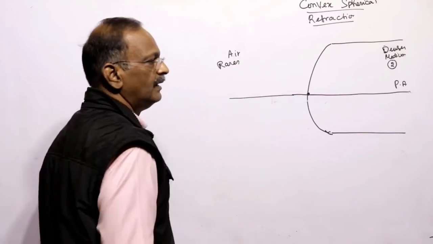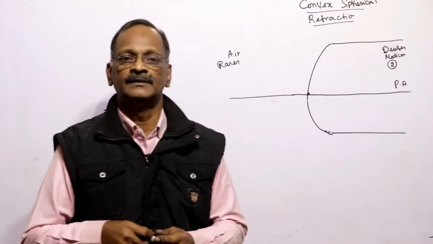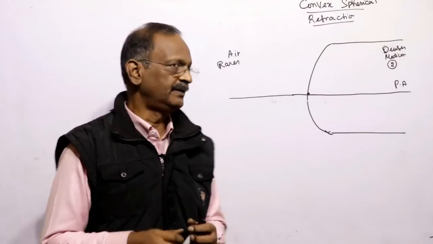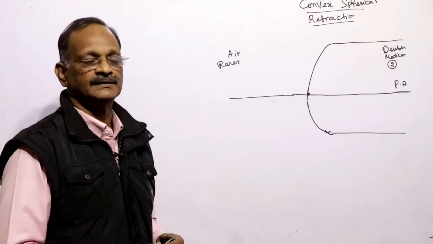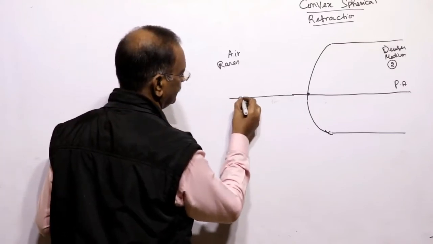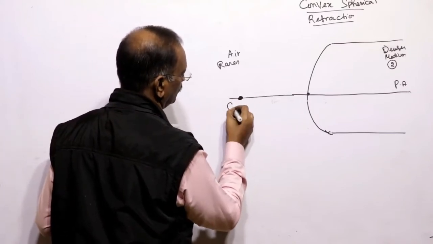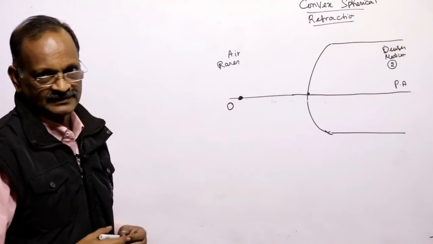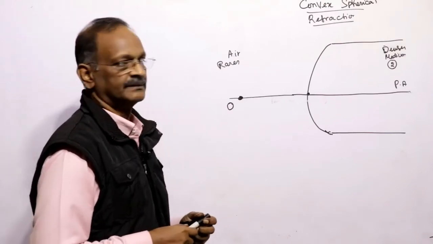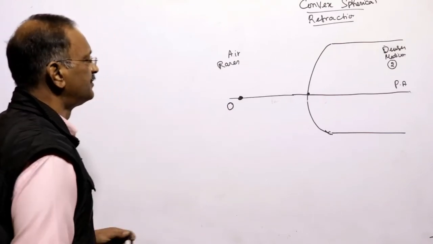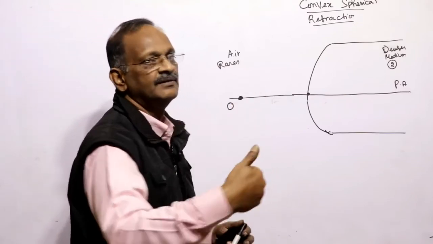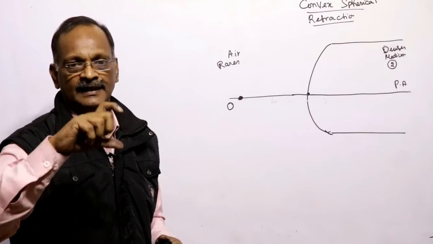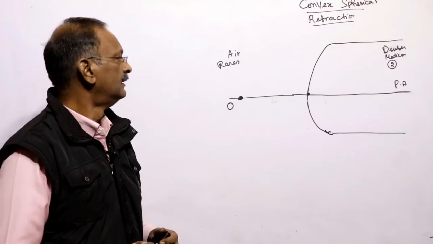Now the assumption is that the object is a point object, kept on the principal axis. So this is the object, say O, and it is a point object. It has no height. Otherwise we would have to find h, the height of the object and height of the image.